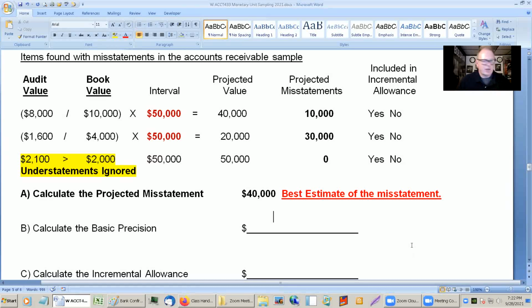Okay, so I'm going to show you a piece of paper here, what we're going to do next. So this is what's going on here.